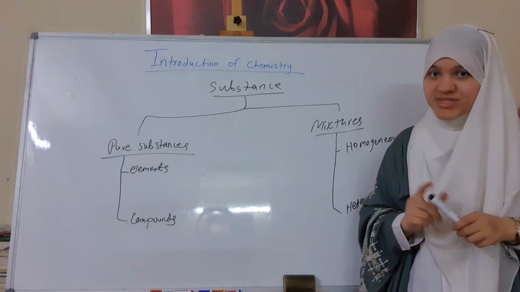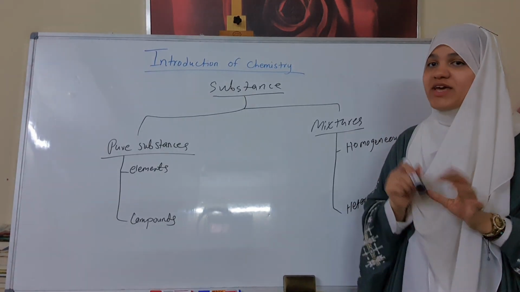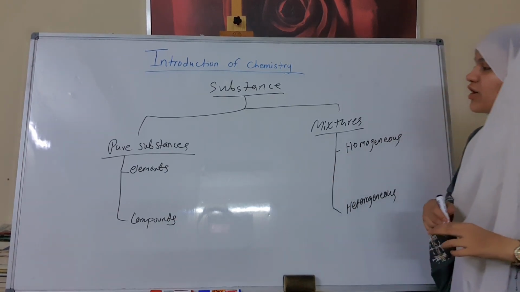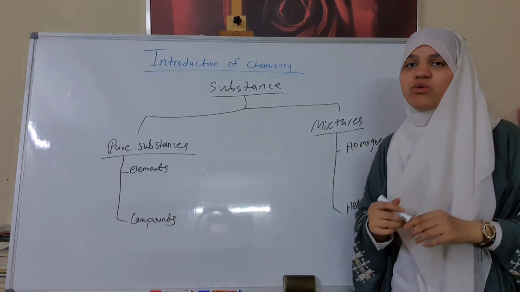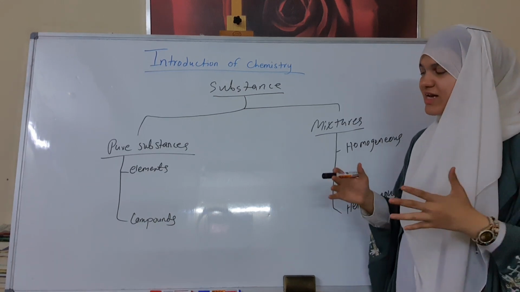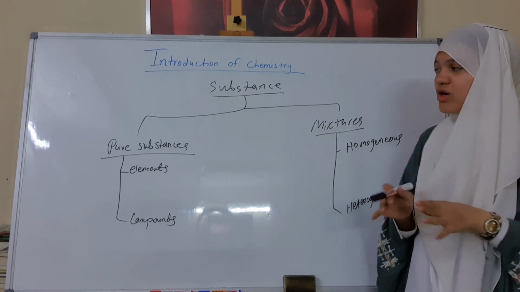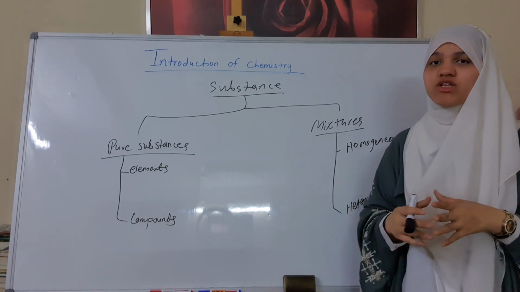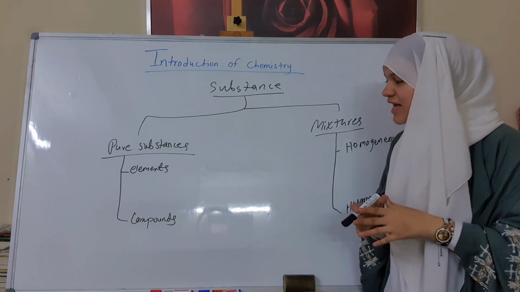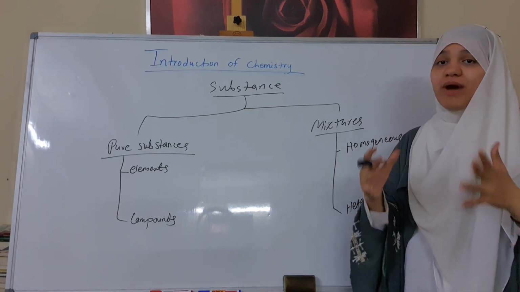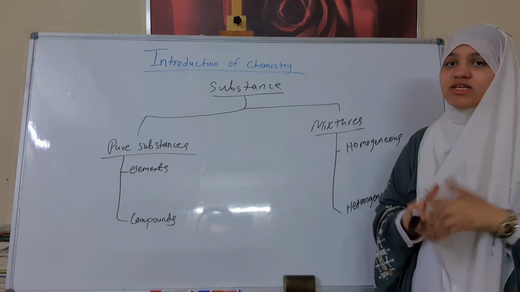Of course, it is a pure substance, right? Because it is under elements, because it's there in the periodic table. So elements are those that cannot be broken down further. But compounds can be broken down. Compounds are like combining two elements chemically.